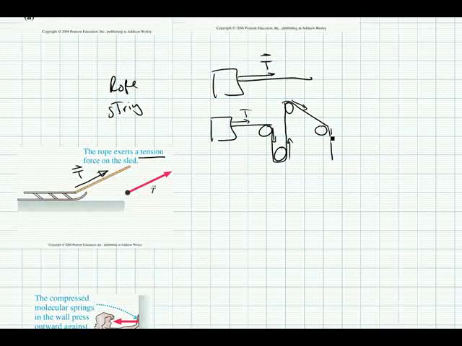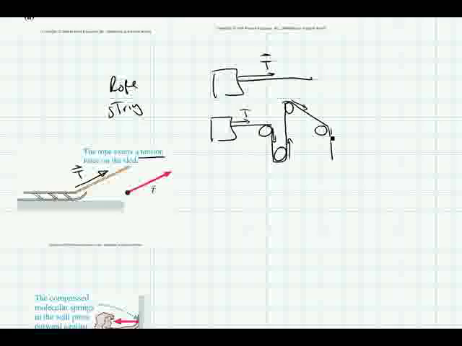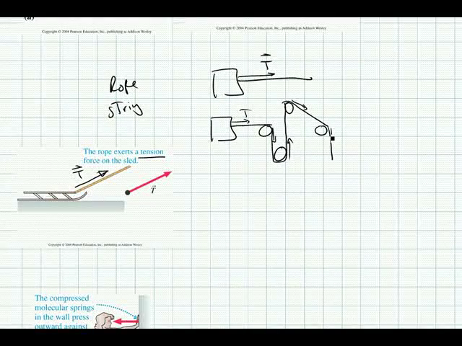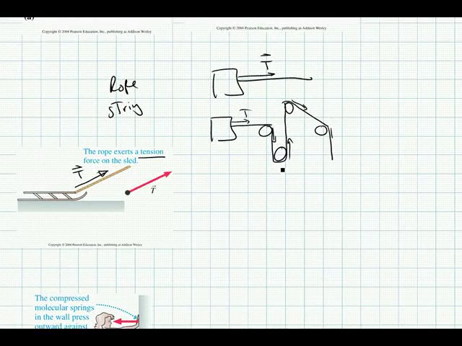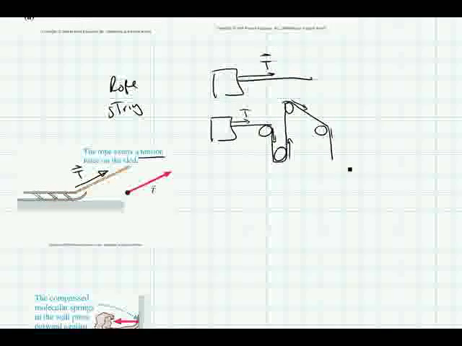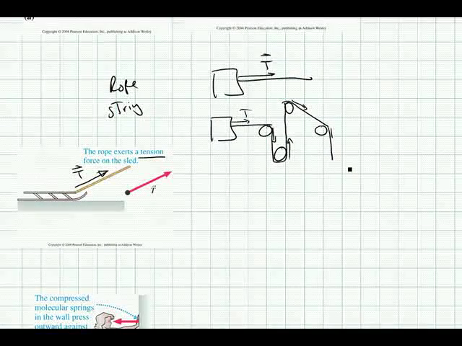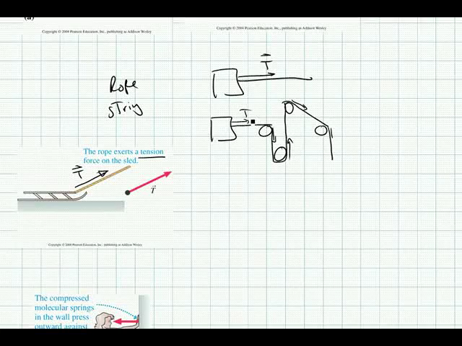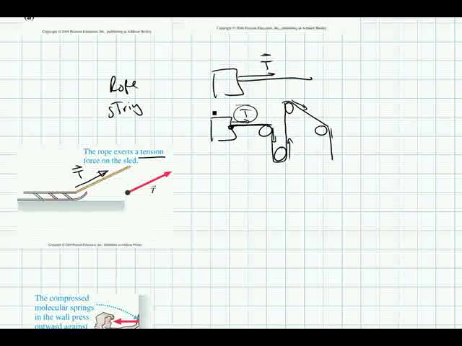So the magnitude of the tension in the string doesn't change from one end to the other. However it meanders through your pulley system doesn't really matter, but where it makes contact with the object, whatever the direction of the rope is, that's the direction in which tension is going to act on your object.